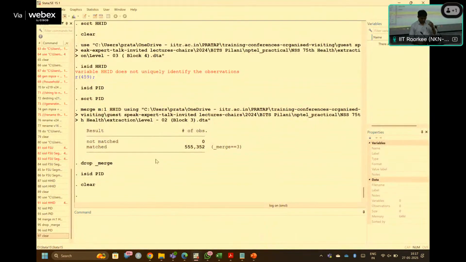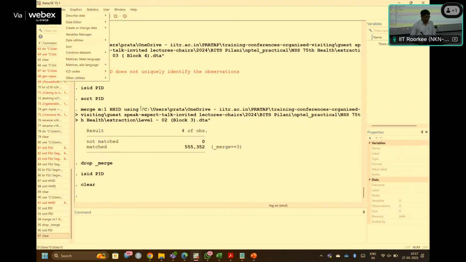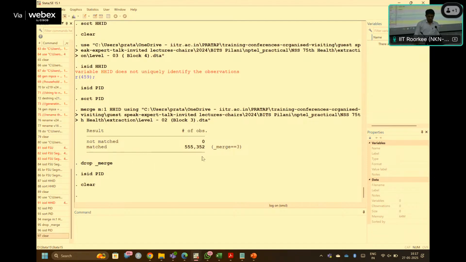Okay, so merging we have done. When I click this, combining the data by this approach, you just saw that merge M1 with the unique ID is successfully merged. So we have got the data. Now we have to understand how other levels are going to be merged.